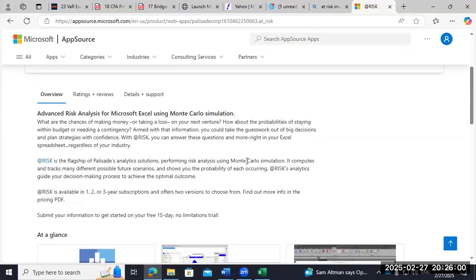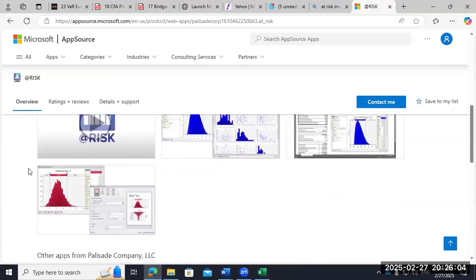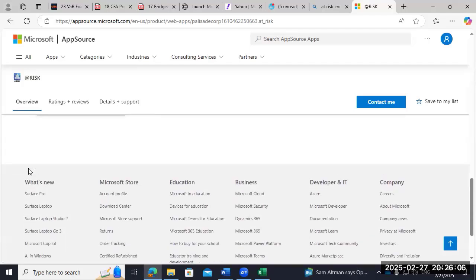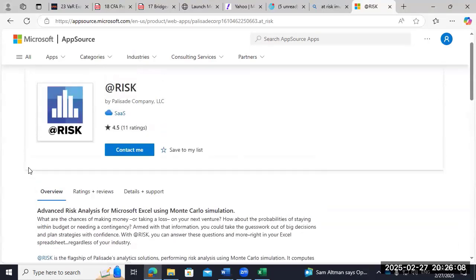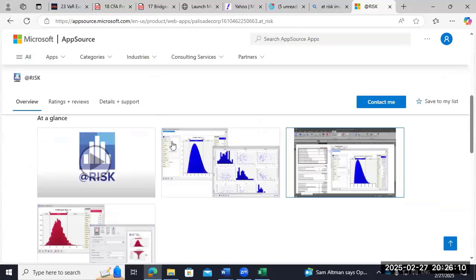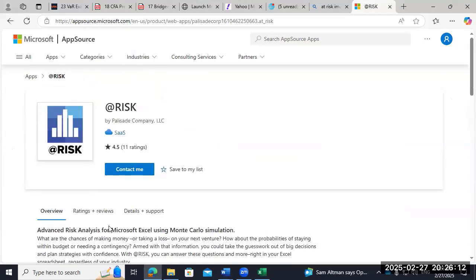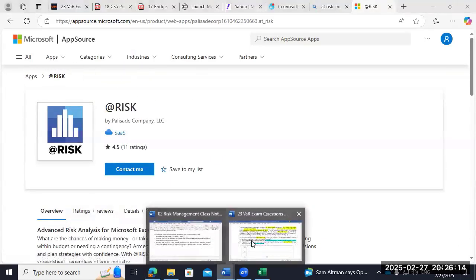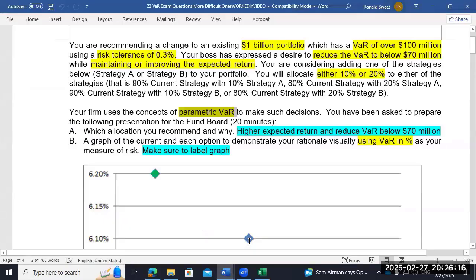Analytical solutions perform risk analysis using Monte Carlo simulation. Tells you everything about how much it costs. So someone figure that out. But yeah, I don't think it's a fortune. It might be similar to buying another Microsoft product, a couple hundred dollars. So it would be worth getting on your resume.